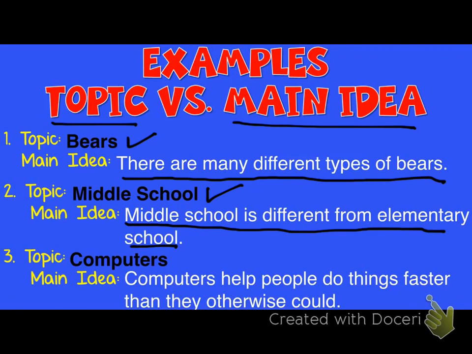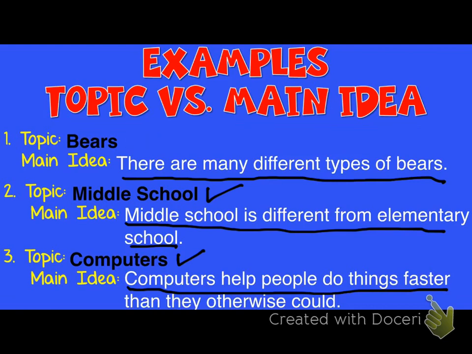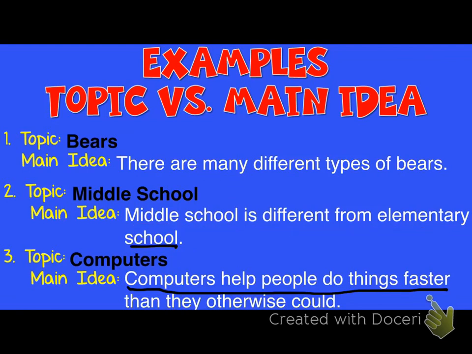The topic of a text may be computers. The main idea is computers help people do things faster than they otherwise could. These are examples of the difference between topics and main ideas.